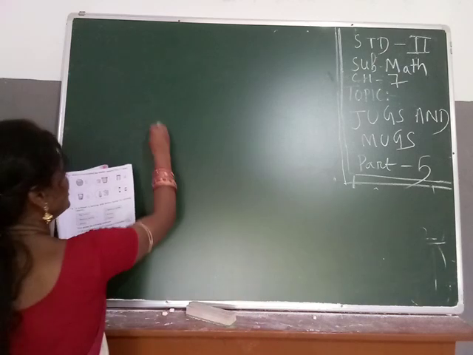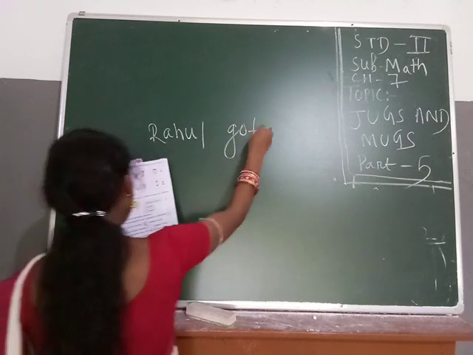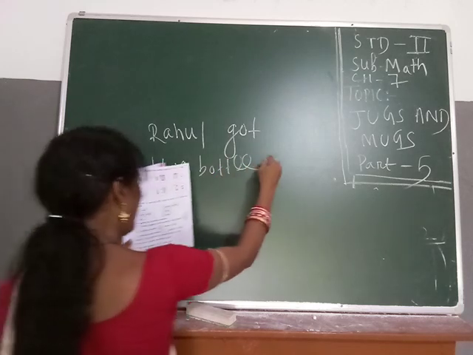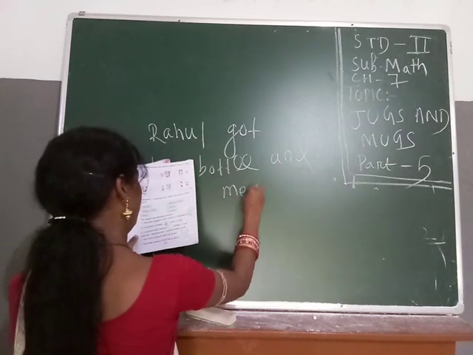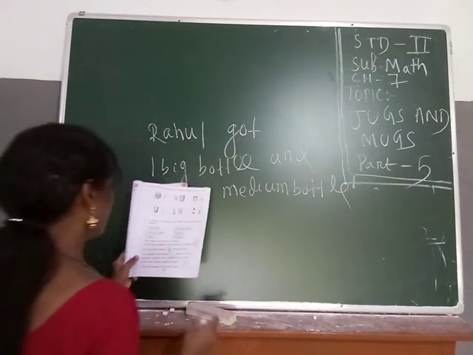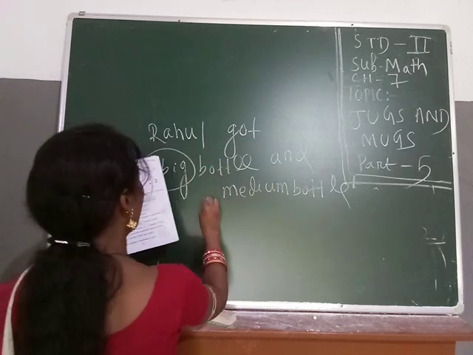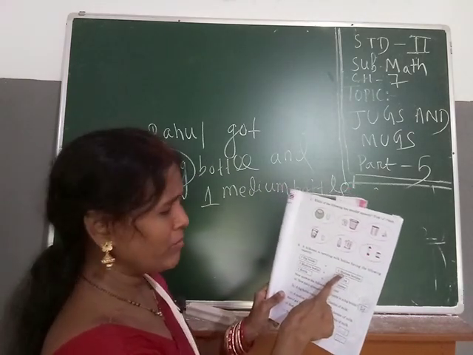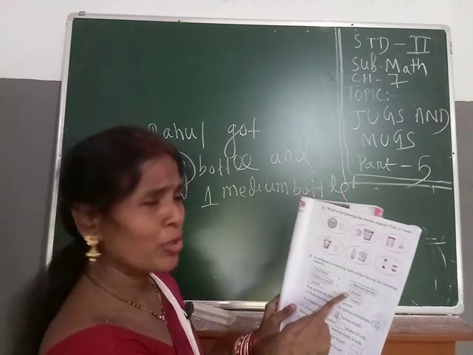Now you see the question written: Rahul got 1 big bottle and 1 medium bottle. Understood? So 1 big bottle contains how much? 2 medium bottles, students. Next, 1 medium bottle contains how much? That is 2 bottles.